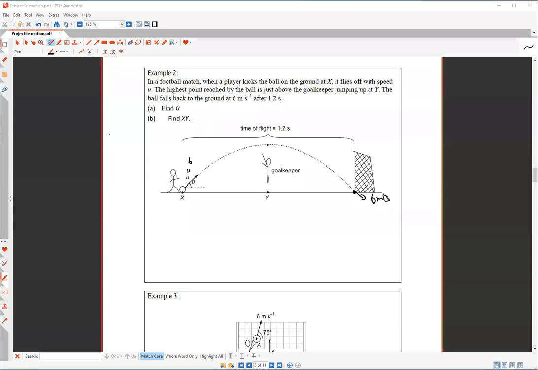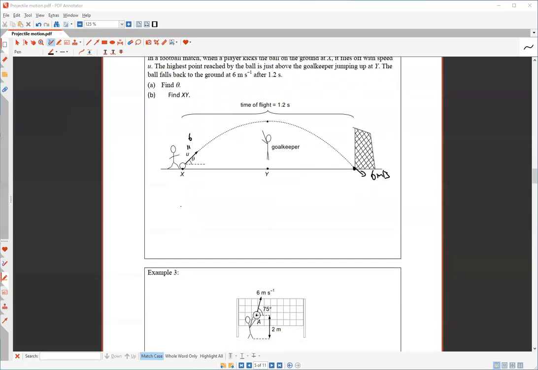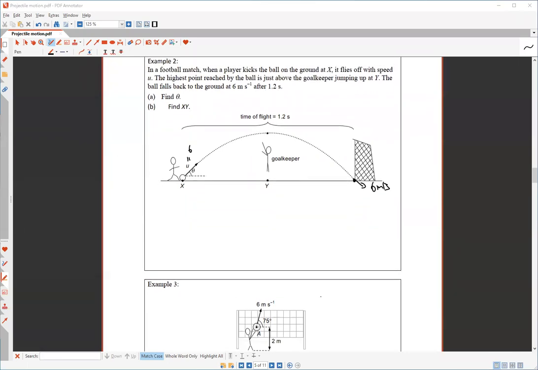So let me do example two first. Where's my pointer? Here. So you have the equation of the time of flight. So that is u squared sine squared theta divided by g. But I hope you know how to do the division by yourself.